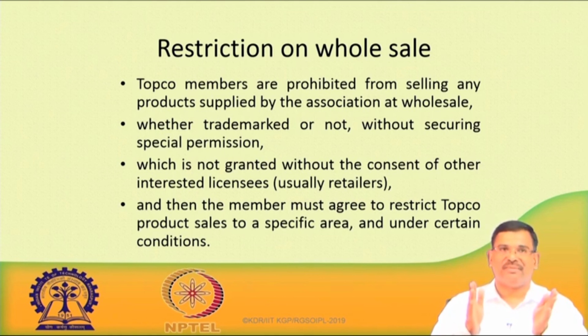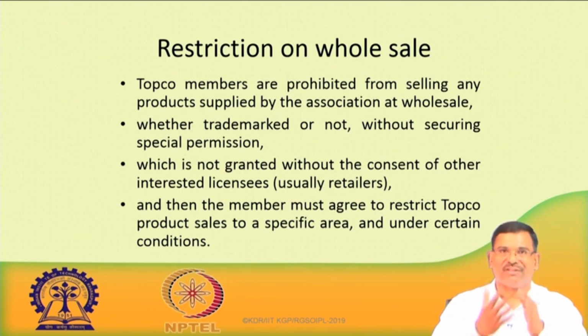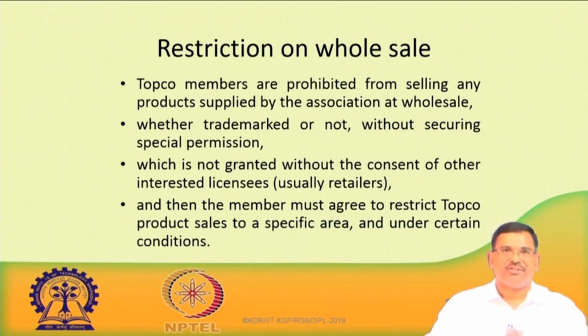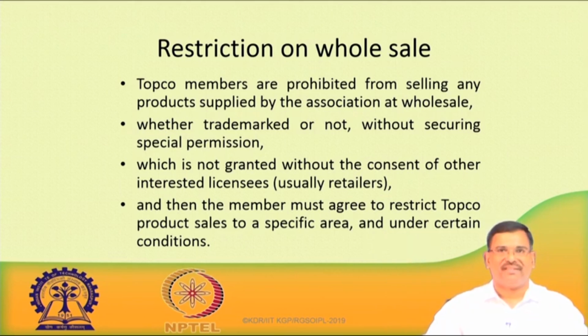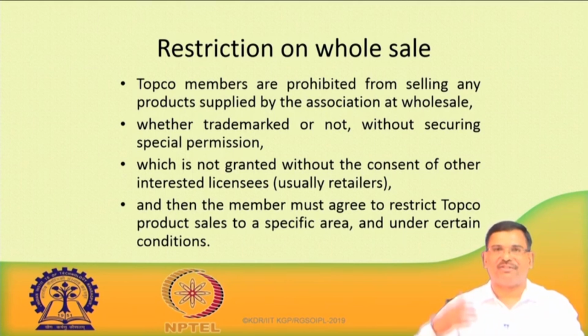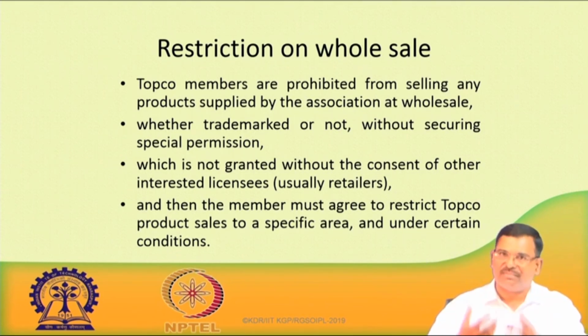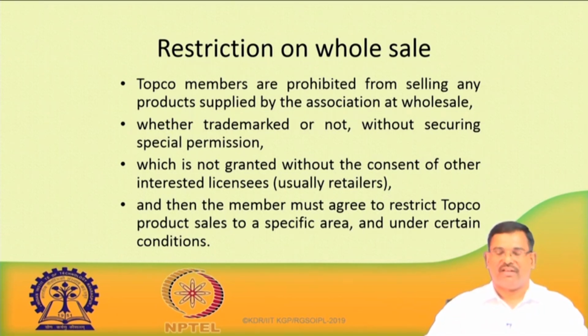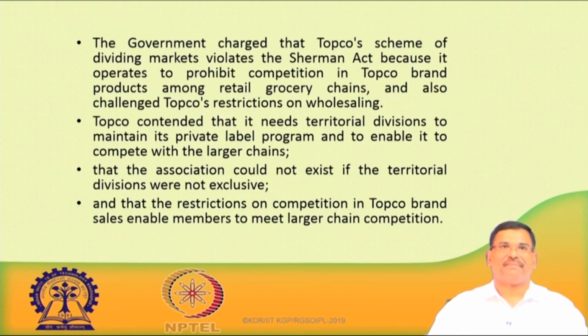Topco products can only be sold in that particular geographical area under the terms and conditions put by the Topco association. So, they are geographically distributed and operate in all the states, and one dealer cannot overlap into another dealer's area. There is a restriction on wholesale business as well. So, overall there are restrictions, and market power restrictions are there.